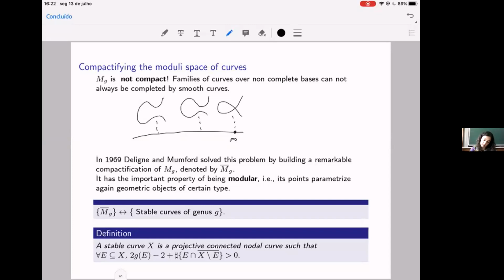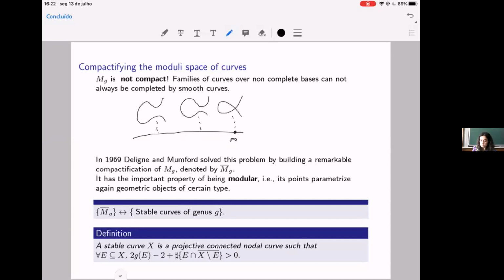So it's easy to see that sometimes if you have a family of smooth curves over a punctured disk or an affine curve, if you want to complete it over infinity, you would have to insert a singularity. So if you want a compact space, then it's not enough to consider smooth curves.